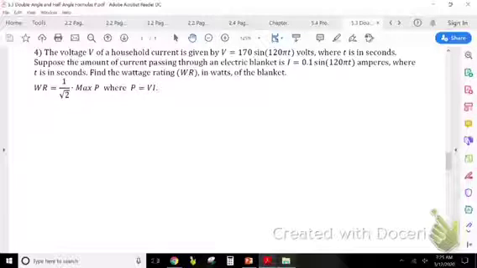All right, so we need to find P. And it told us that P is equal to V times I. Well, we know something about V, and we know something about I. So we know P is equal to, what's V?